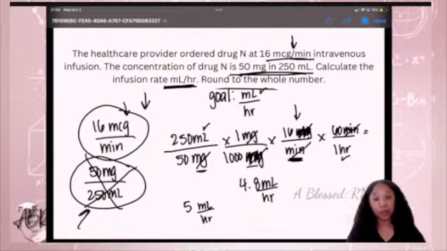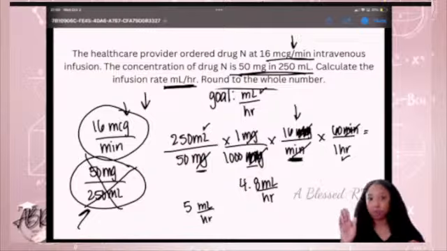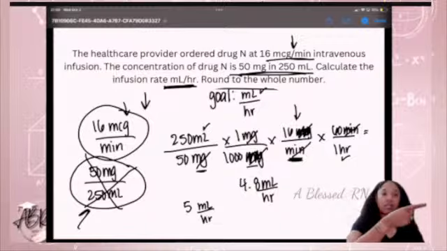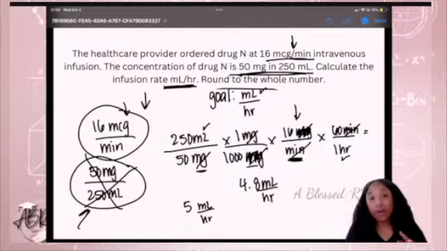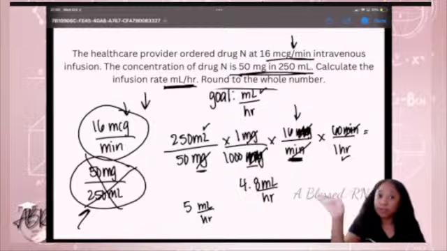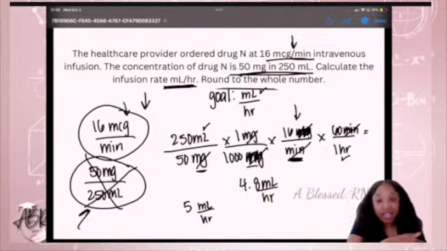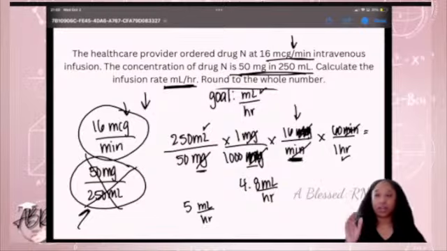I needed hour at the bottom according to the goal. So then I just used the time conversion of 60 minutes to an hour. Multiply across the top, multiply across the bottom, divide the top by the bottom. Or if you use the calculator trick, multiply all of your numbers across the top, hit divide, put in all your numbers across the bottom with divide in between, that equals 1 time, and you get your answer. And then of course we got 4.8, and we round it to the nearest whole number.